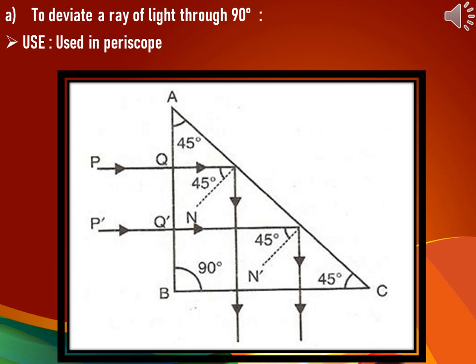As a result, the incident beam gets deviated through 90 degree, emerging out through the prism. The figure shows the path of two rays PQ and P'Q' through the prism and then out of it. This action of prism is used in a periscope where a total reflecting prism is preferred over a plane mirror.